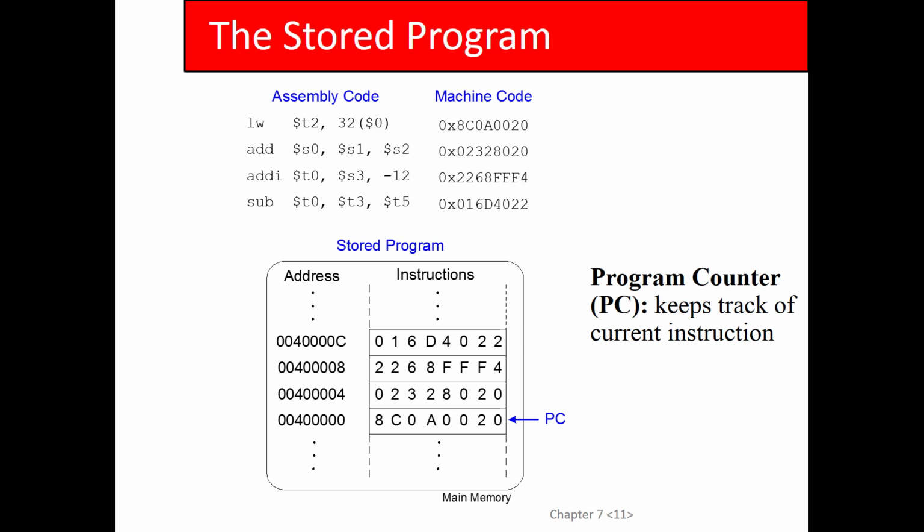This, by the way, is the source of just about every security problem ever devised. Because we expect that this instruction memory is only ever written to by the loading program, the loader, when you run your program. But if another program were to write into this memory, then it would take control of your computer.